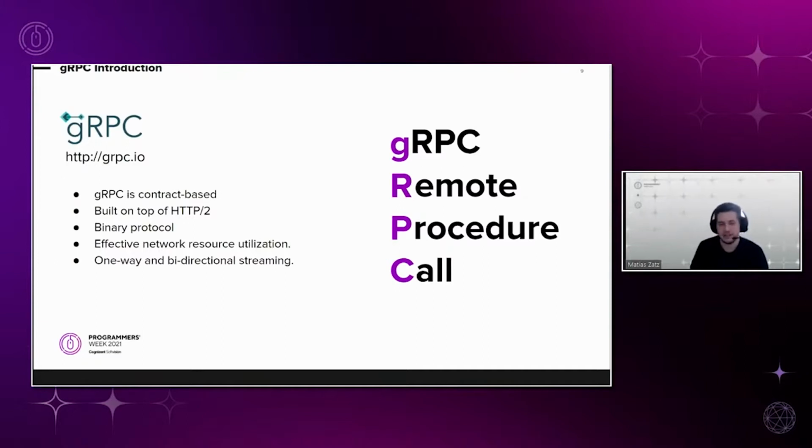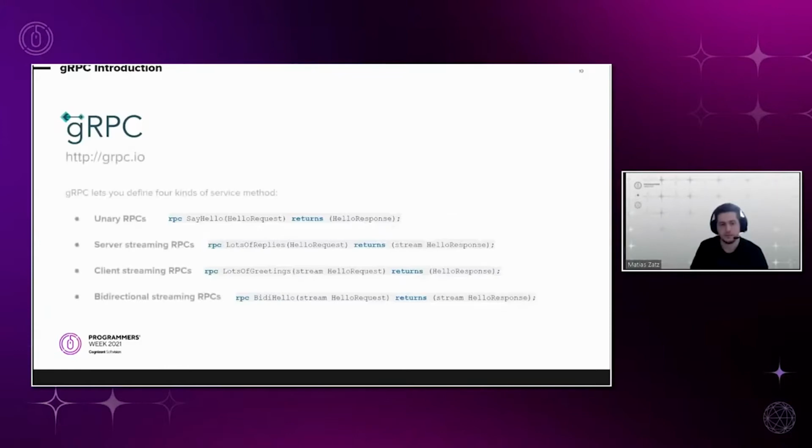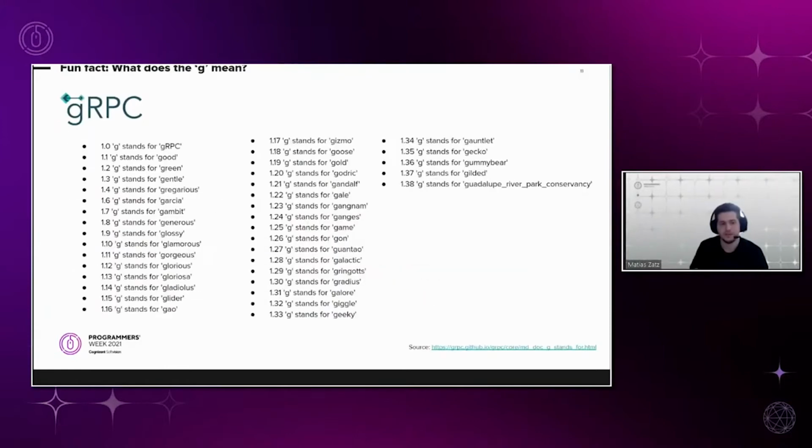Actually, each iteration of gRPC, each new version of gRPC, changes the meaning of the G. So as you can see here, each version of gRPC has a new meaning. We're currently on this one. That's a good thing. You can see every one of them in this link.